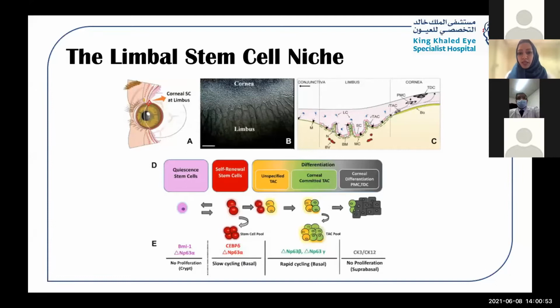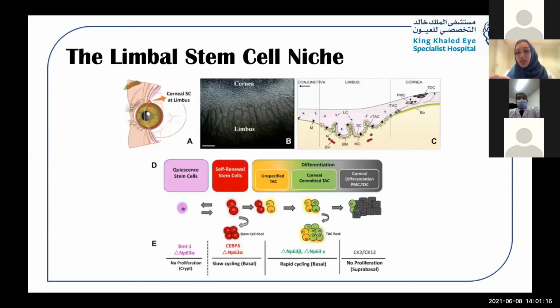In the normal state, the limbal stem cells are in the low metabolic state. They're not proliferating. Each limbal stem cell, when it starts to divide, gives two products. One, it regenerates another limbal stem cell, and it gives something called the amplifying cell.